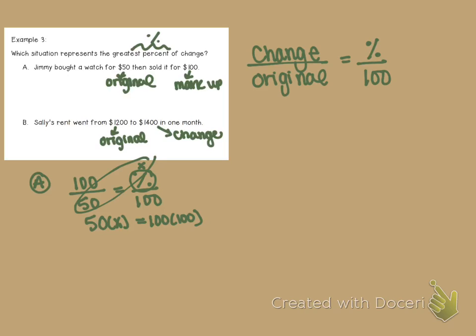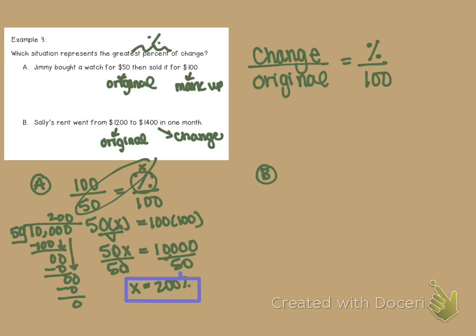Okay, I want you to finish solving this and then set up B and solve and determine which one represents the greatest percent change. So for Jimmy, you should have gotten that x equals 200%. So that means that if I take 200 and I subtract the full 100% of the original, then that means that it is a full 100% markup.